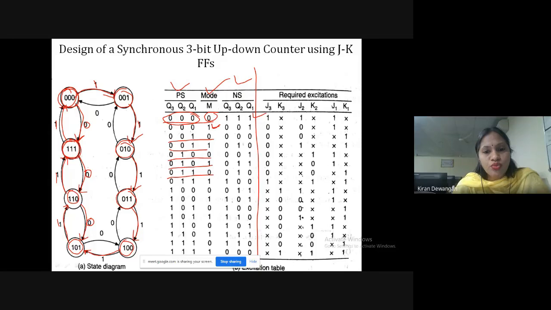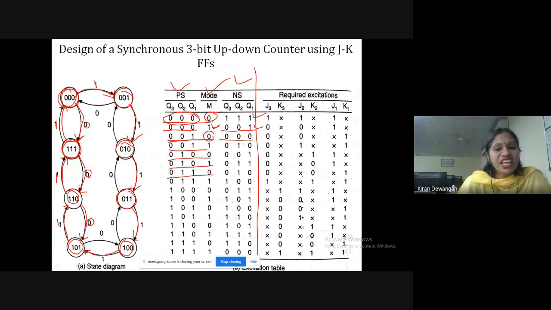If the mode is 1, it will be in the forward direction, that is, up counting will take place. This is 0, 0, 0, it will be 0, 0, 1. If this is 0, 0, 1 and the mode is 0, it will be 0, 0, 0. So from the state diagram itself, we can write this: what is my present state, what is the mode, and what would be my next state.